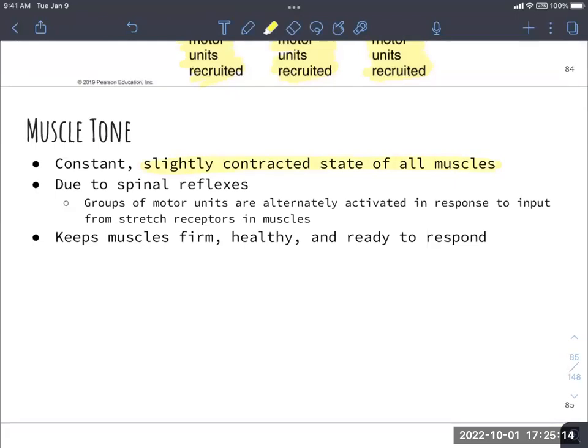It keeps our muscles, they kind of look good that way, but it keeps us healthy. It lets us respond to something fast. And it's because of spinal reflexes. Because of this, different motor units are alternately activated to give us this muscle tone.